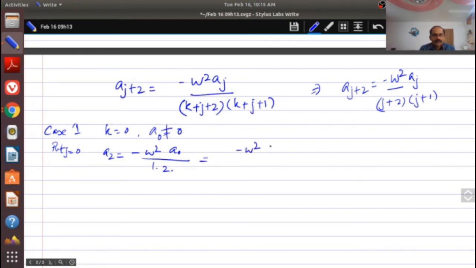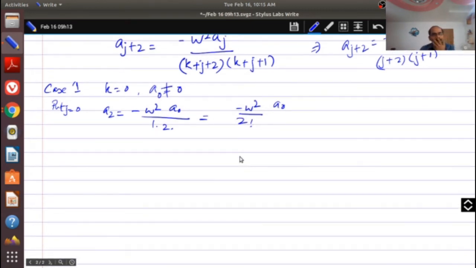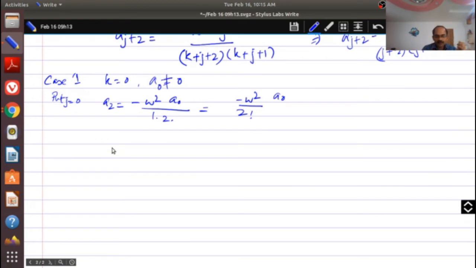Minus omega squared a0 by 2 factorial, or on this side I can say a2 will be minus omega squared over 2 factorial into a0.